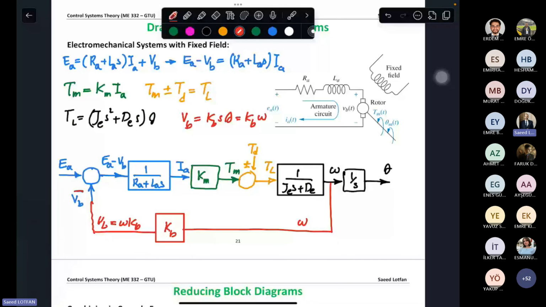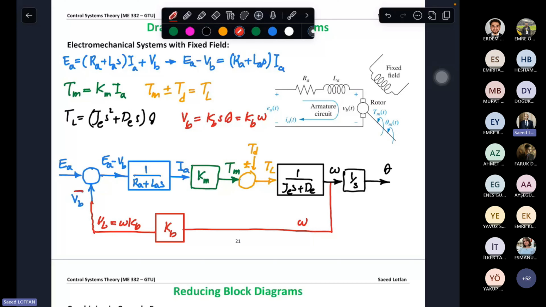In continuation, based on what we saw on these two examples, we can see that any system has a block diagram that has different blocks representing its subsystems or subparts of the whole system.